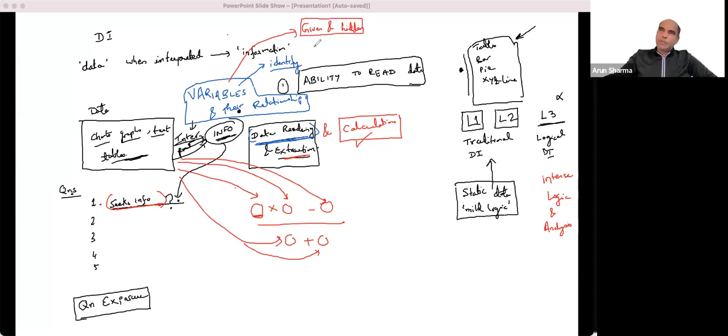There will be some variables which are given straight in your face, which you read and realize. And there will be some variables which are not given directly, so you have to be able to understand that they can be extracted.